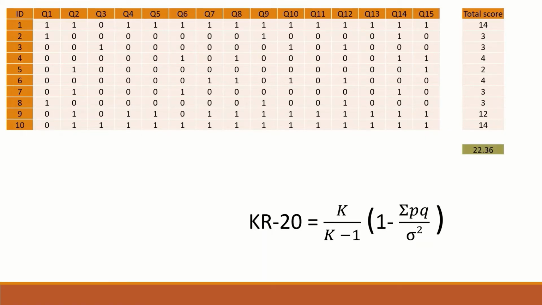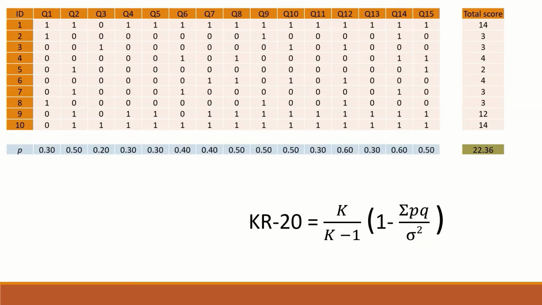From the total score, a variance can be calculated, and it was found to be equal to 22.36, and that variance represents the lower part of the equation.